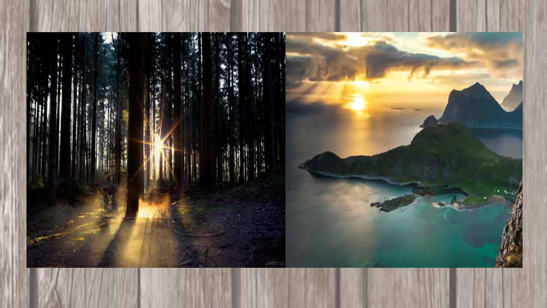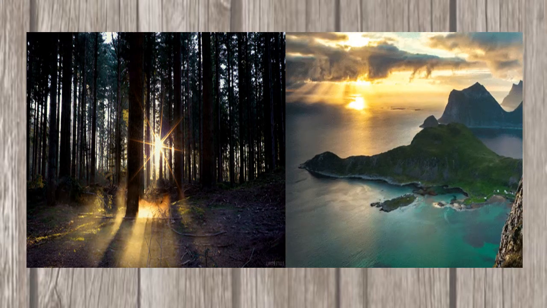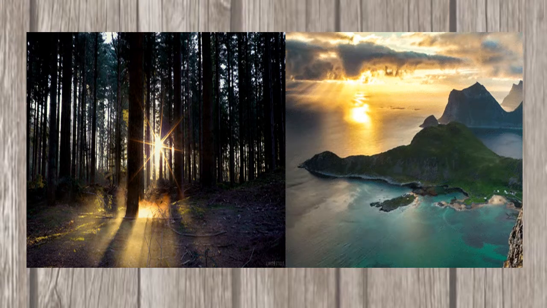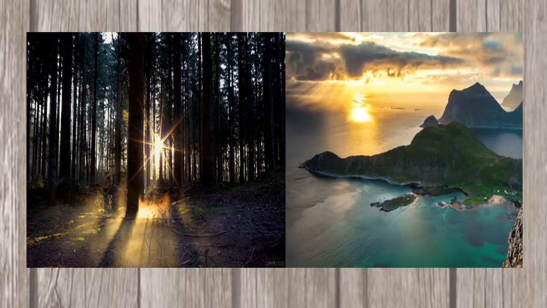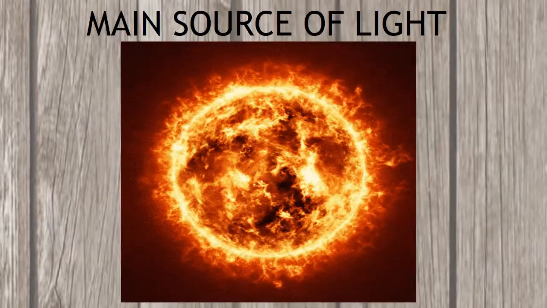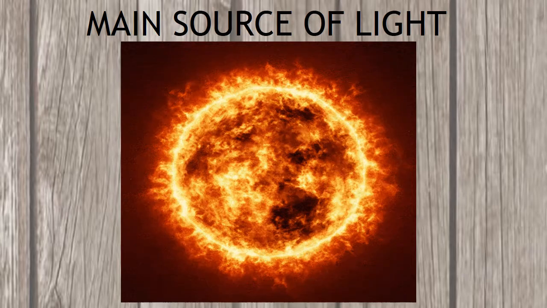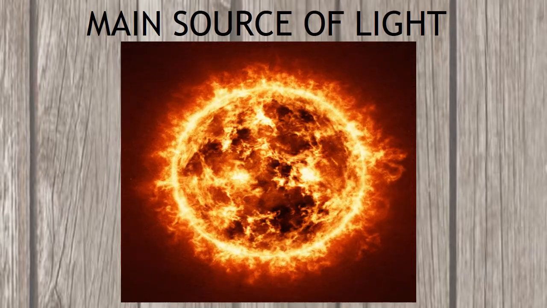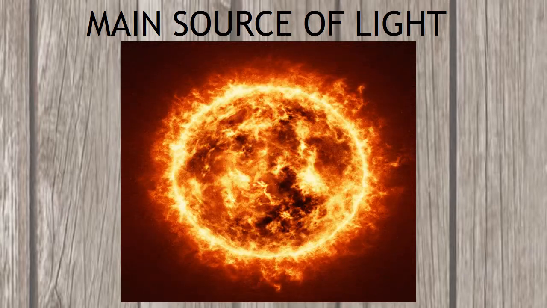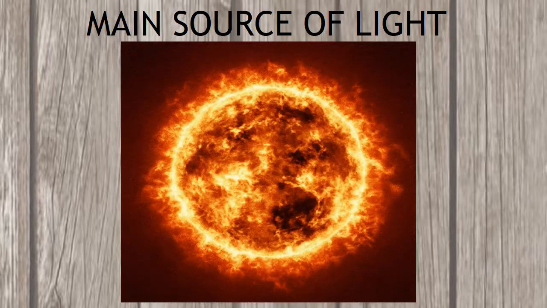During the day, we get a sufficient amount of light from the sun to see the objects clearly. When we enter a dark room, we will not be able to see the objects because there is no light present there. Light is one of the most important things required to see objects around us, and the sun is a major source of light.